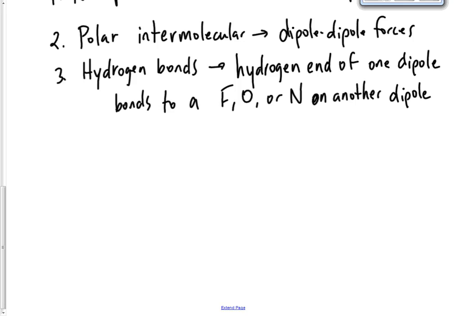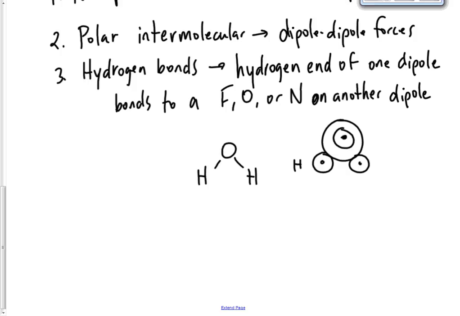If you were to look at water, and you were to draw it as a Bohr model or as the atoms, you have something that looks like this. So you have your hydrogens here, and you have your oxygen up here.